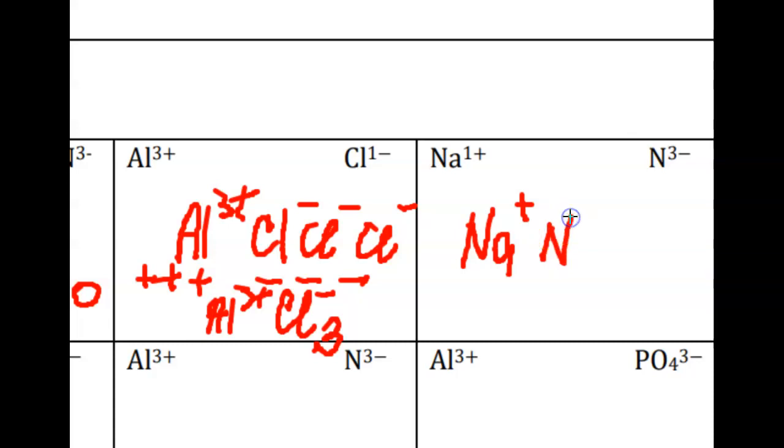Let's do this, and then I will fix it. 1 sodium has 1 plus, 1 nitrogen, 1, 2, 3. But it has to be neutral, so we need to add more sodium. We have 1, but we need 2 more. That gives us 3 in total. So sodium 3, nitrogen.